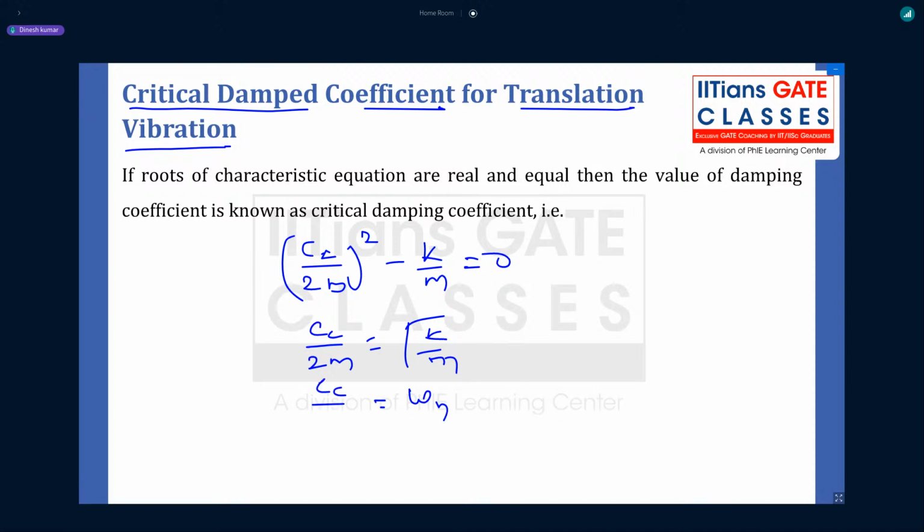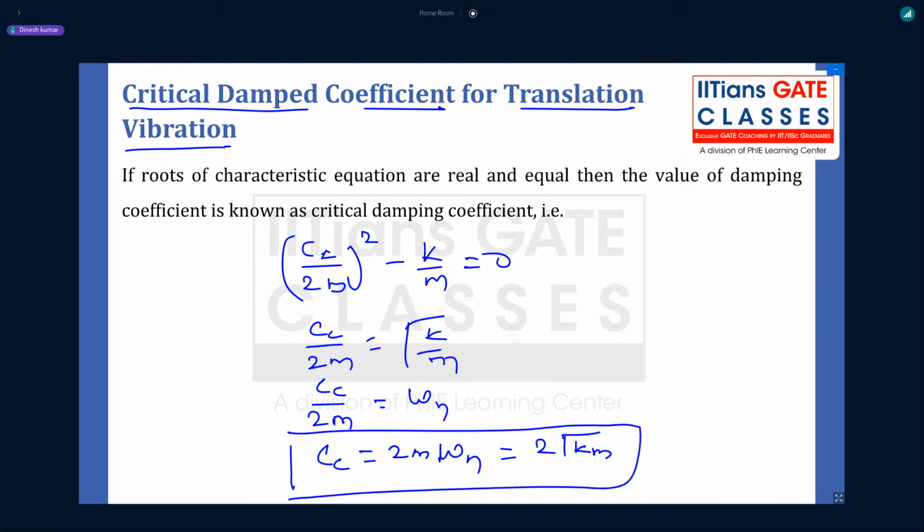So Cc by 2m is equal to omega n, or you can say the critically damped coefficient is nothing but 2m omega n, or it is also written as 2 under root K by m. Now guys, from this formula there are several GATE questions, based on this single formula alone.